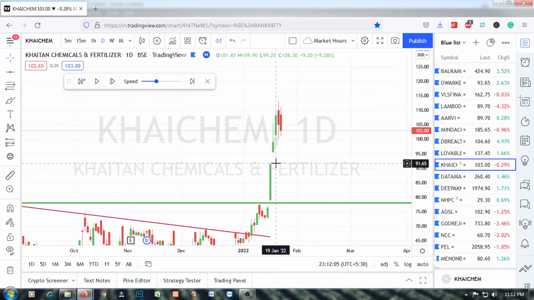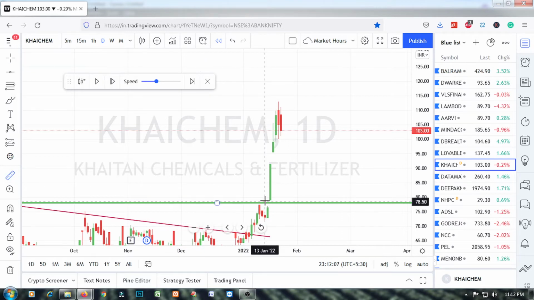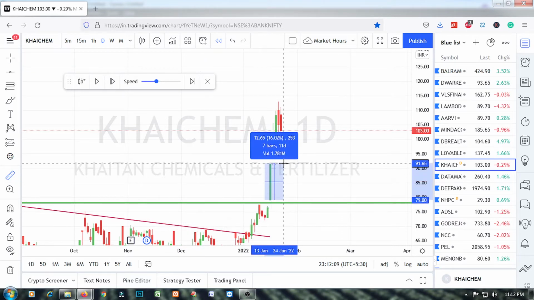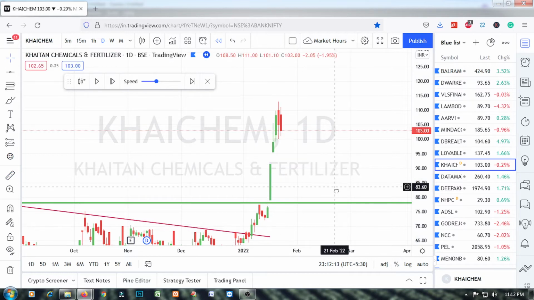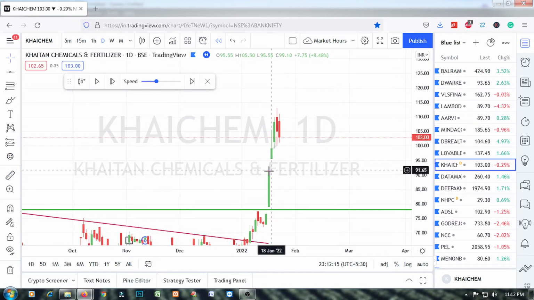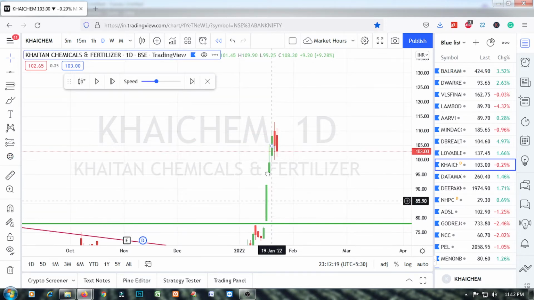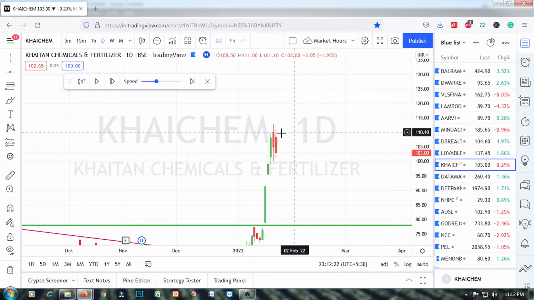On the next day it has given 16% returns in just one day. On the next day also there is no bearish candle, and on the other day also there is no bearish candle. The strong bearish candle has formed on 20th January.